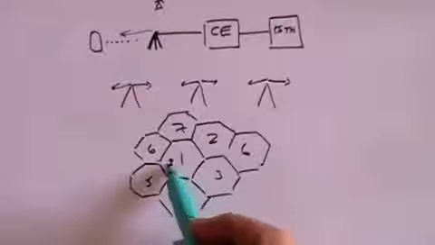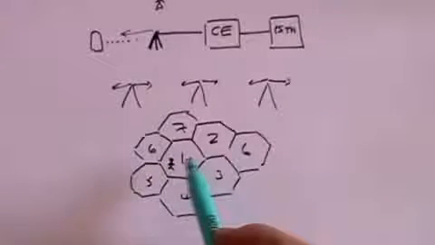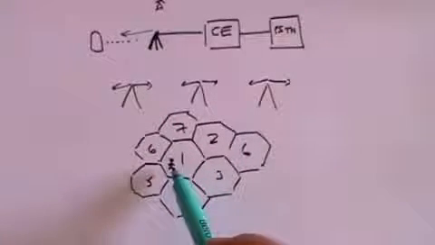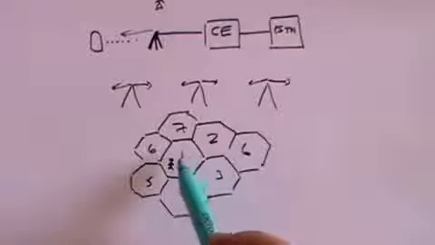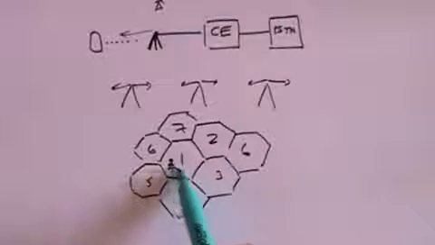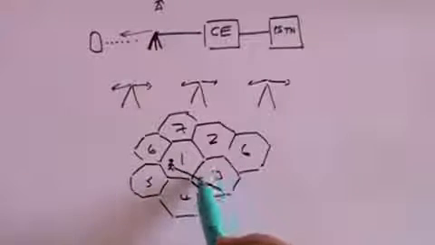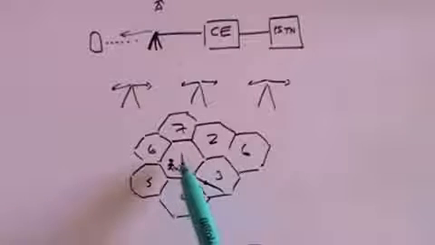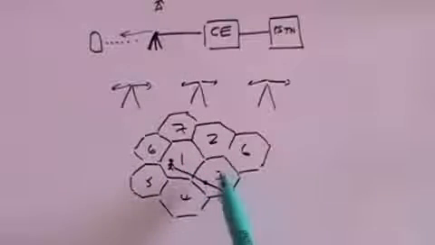When you switch on your mobile phone, wherever you happen to be, if you happen to be standing here, then what will happen is that the number 1 transmitter receiver will discern that your signal is the strongest, and you will be connected to the number 1 transmitter. But if you are travelling in your car, then when you get to here, the number 1 will detect that the signal has gone very faint, and number 3 will detect that the signal has become very strong.